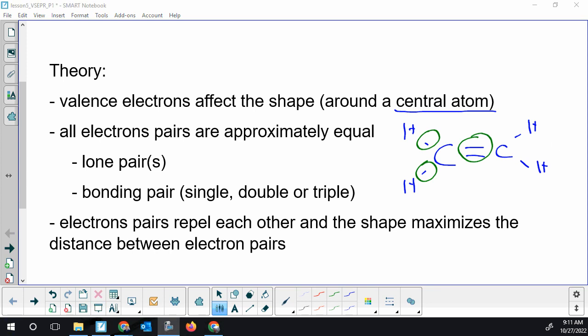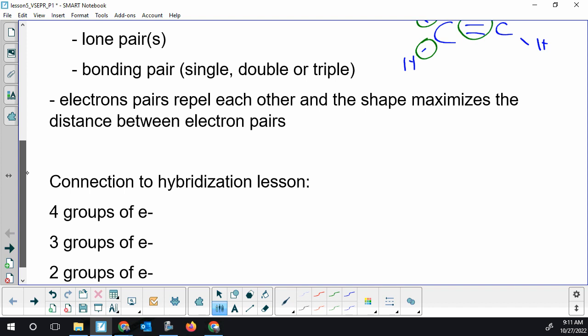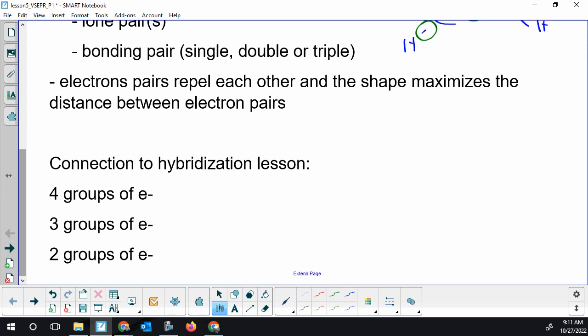So I'm just going to go a little bit deeper, or connecting to yesterday. Sort of relating back to hybridization. In particular, connecting to carbon.